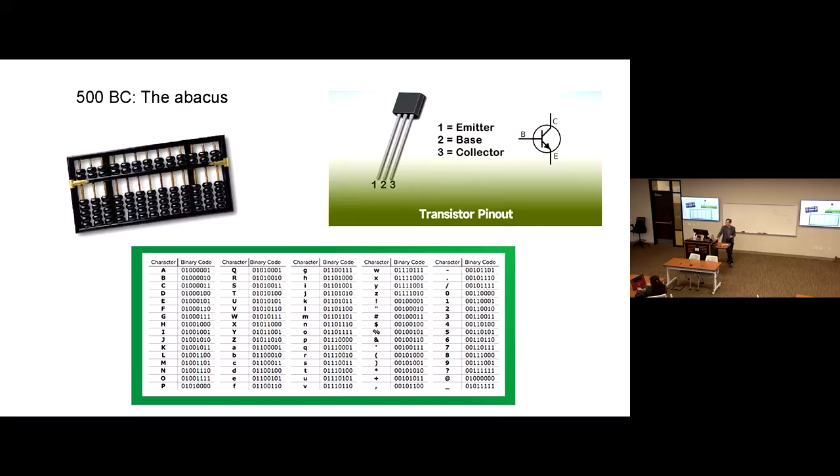It's based on transistors, okay? Transistors to make this machine, adding machines. The only operation that a machine can do is add up things, okay? Using the binary representation. So you encode A as 0, 1, 0, 0, 0, 1.